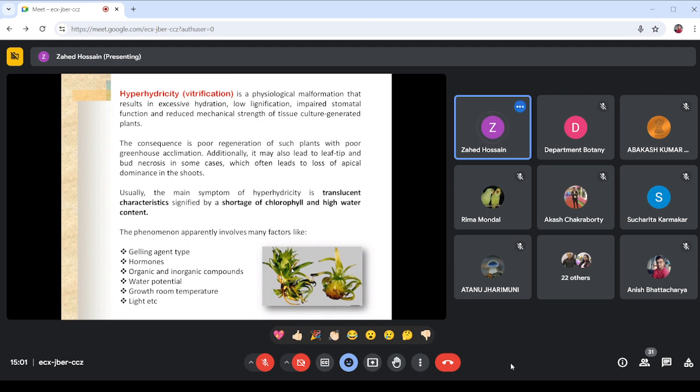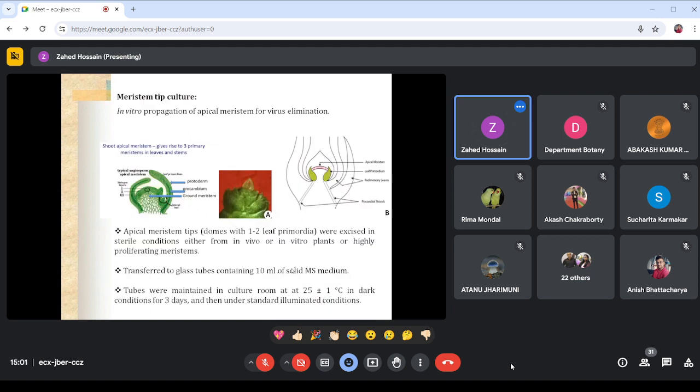This is one problem with plant tissue culture, but there is no hard and fast reason why it happens, though some factors are known. The gelling agent may affect it, maybe some hormone, or even the water potential is responsible for such hyperhydricity.